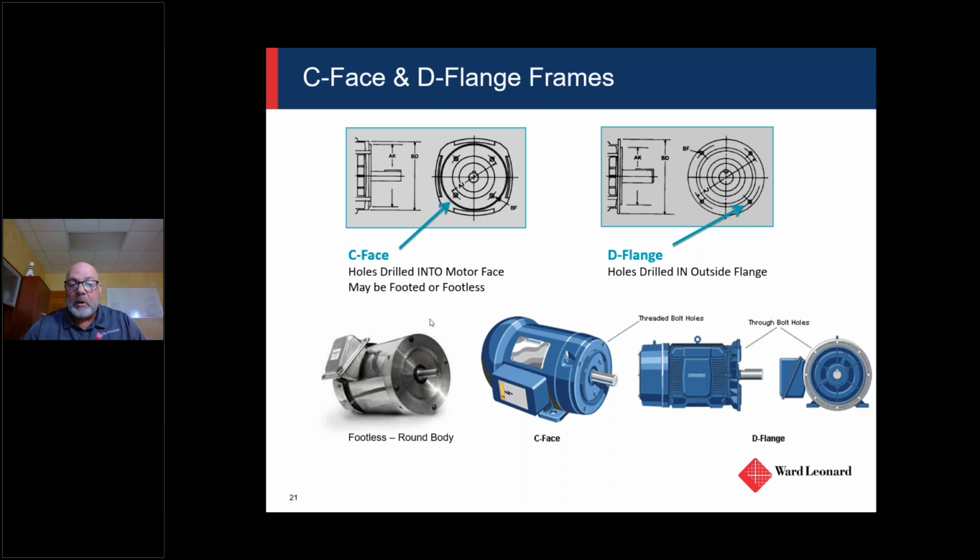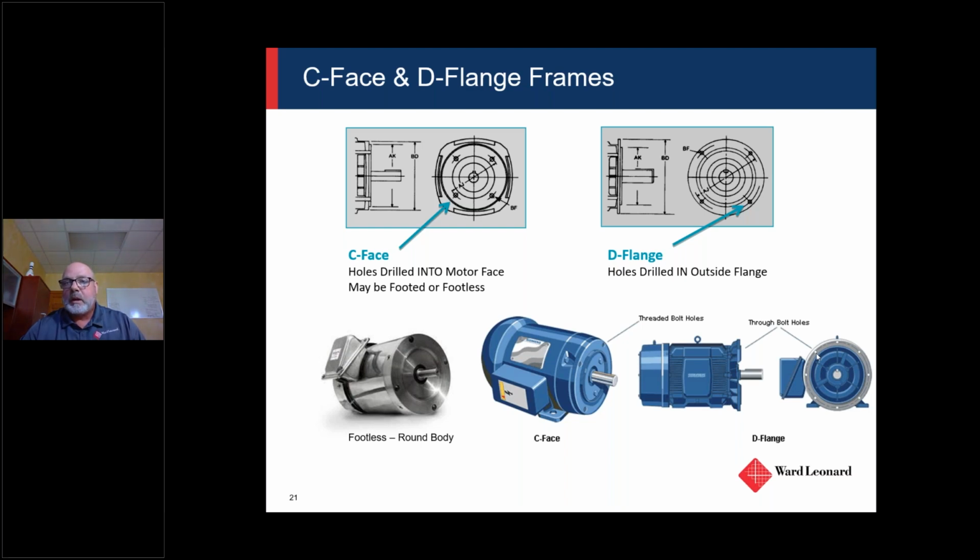All right. The motor next to it would be an example of a based C-face motor. And then if you had a 256 TD motor, the D is going to indicate D-Flange. The D-Flange is larger, and the bolt holes are going to be on the outside of the flange, and they're usually through bolt holes.